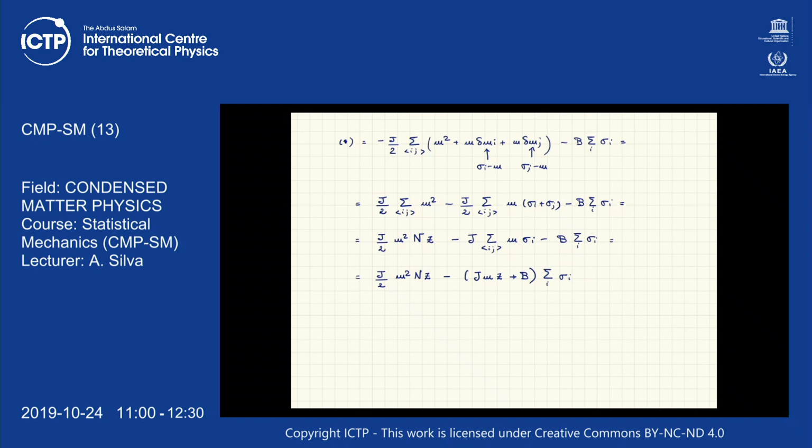But the trick is now that these non-interacting spins are actually not non-interacting. They're interacting through the mean field M that should be determined self-consistently. Okay? So how do you determine? Well, you remember that M should be determined self-consistently.